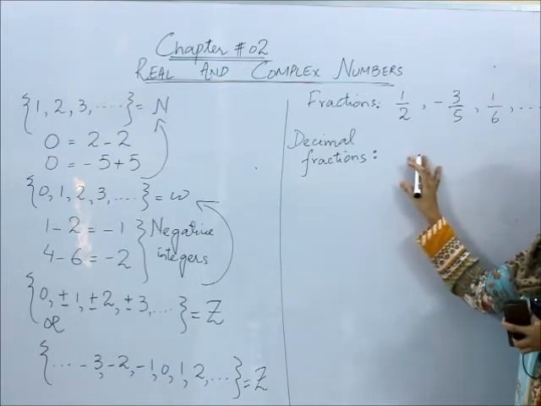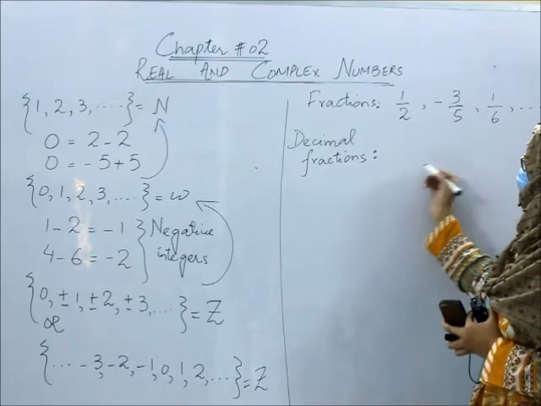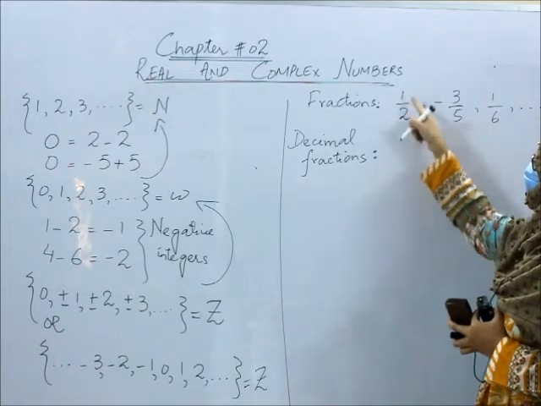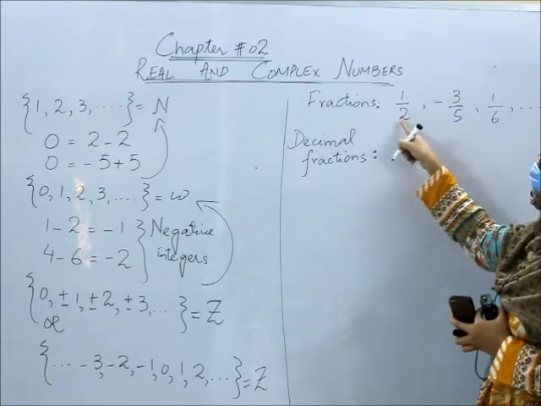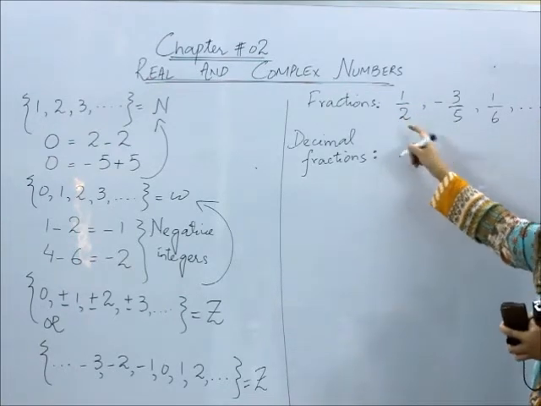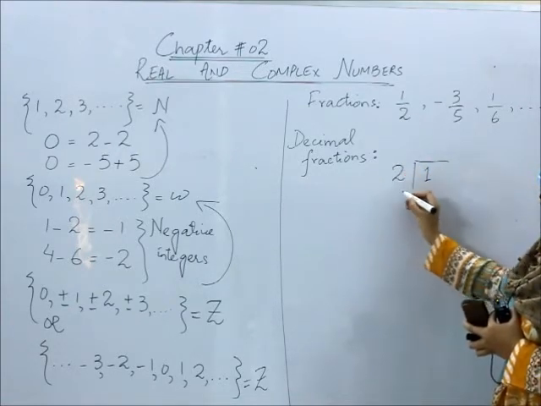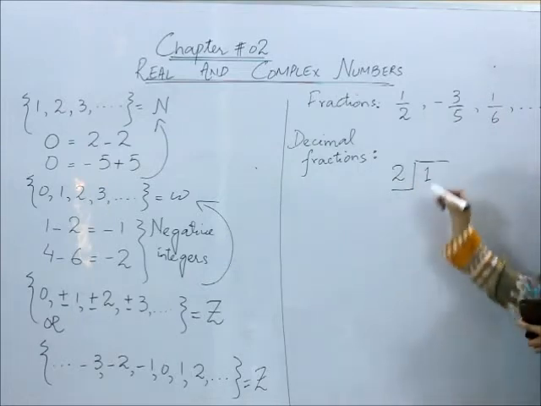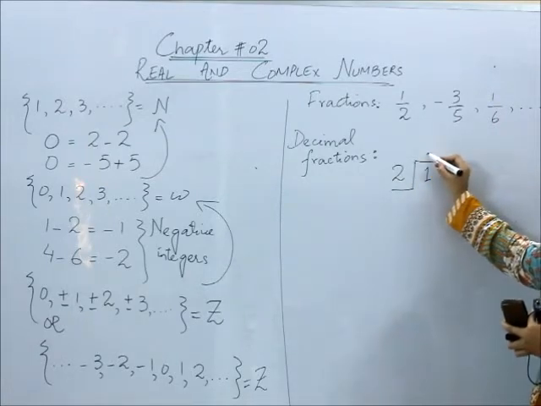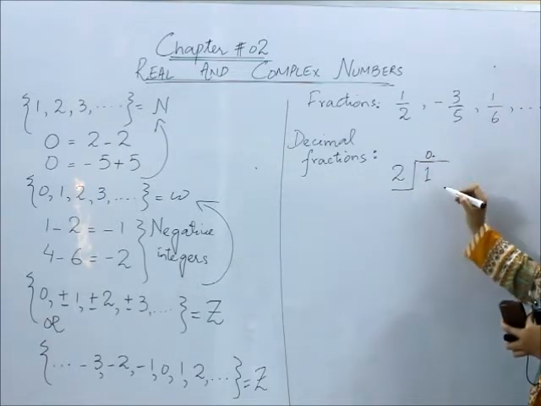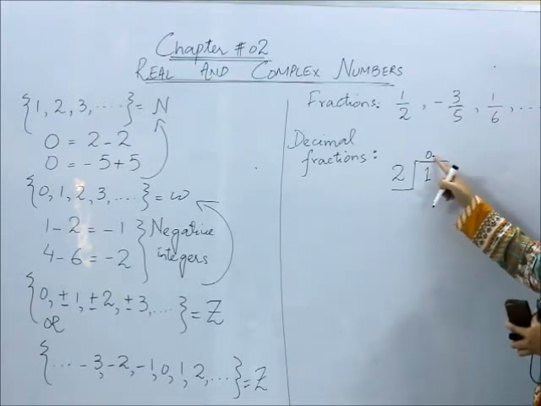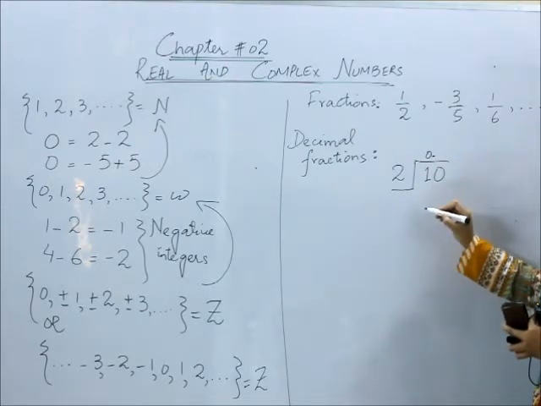Definitely by division. So let us change 1 by 2 into the decimal form. We will divide 1 by 2. As all of you know how to divide, we will introduce a decimal point over here and then a 0.